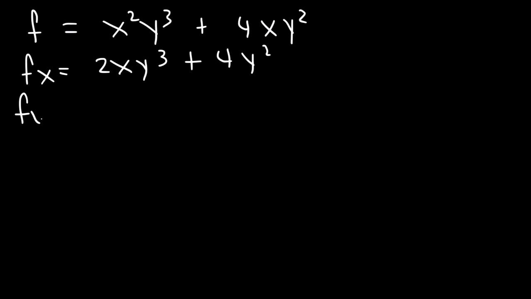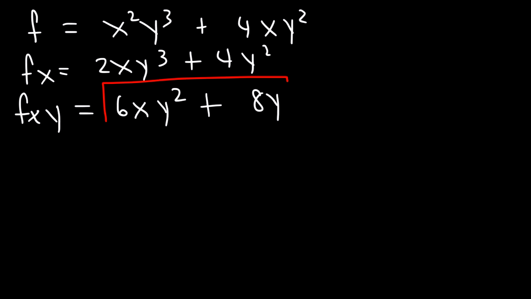Now let's find fxy, I meant. The derivative of y cubed is 3y squared times 2x. That's 6xy squared. And the derivative of 4y squared is 8y.